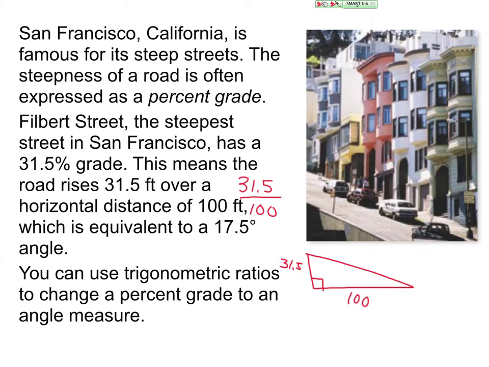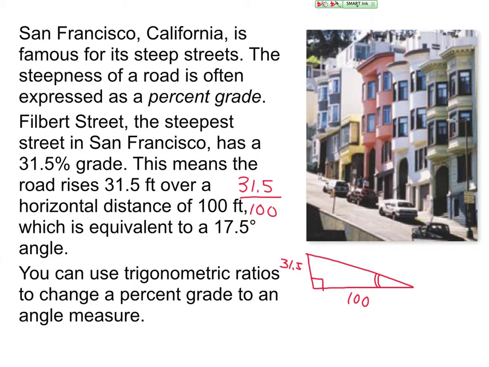Let's try and see what this angle is. What's the actual angle formed with the horizon? How do we find an angle? Sine inverse, cosine inverse, or tangent inverse? Which one should we use? We're trying to find this angle. We have the opposite leg and we have the adjacent leg.